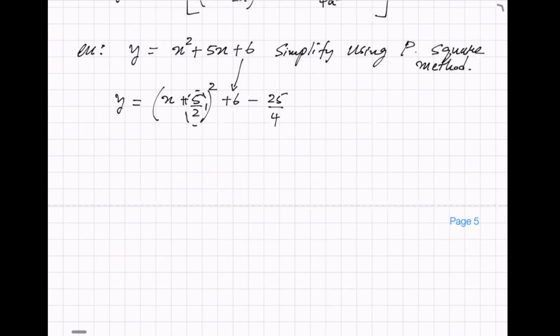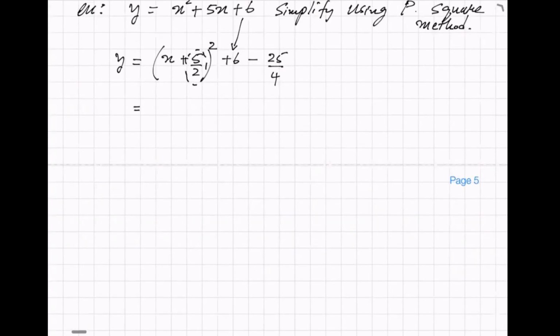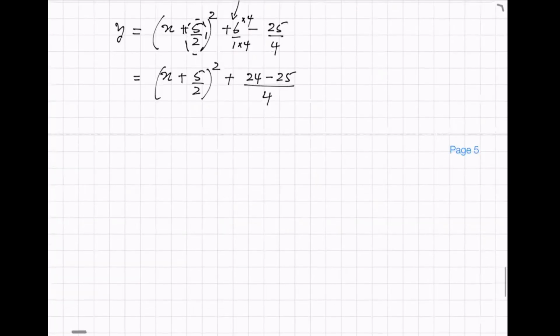Now you can further simplify this one, x plus 5 divided by 2 squared plus, when you multiply you have 1 here, so you have to multiply by 4, so it's going to be 24 minus 25 divided by 4. So the answer would be x plus 5 divided by 2 squared minus 1 divided by 4. That is the perfect square method.